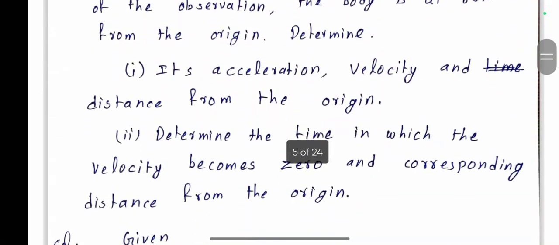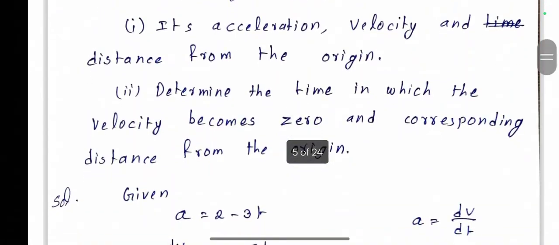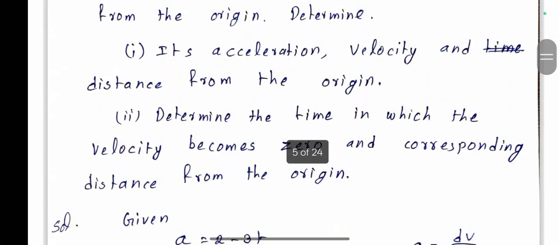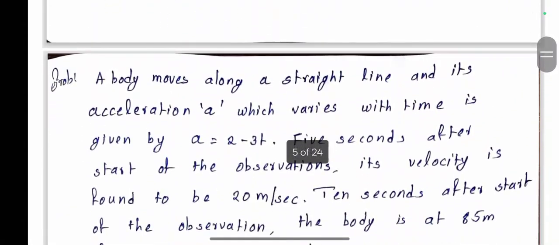Then we found acceleration, velocity and distance at t equal to 0, the time at which the velocity is 0, which is t equal to 6.33 seconds, and the distance covered at that time. These are all we found.